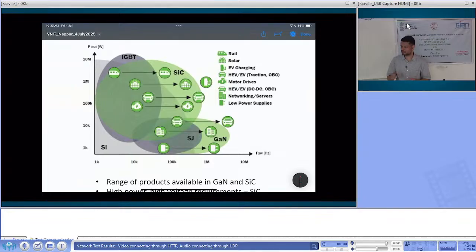Why you cannot do that, I don't have that answer now, but you can look at it. It's more of a device physics problem for people who are developing those devices, but as a power electronics engineer, what we understand is GaN is not available for very high voltages, but silicon carbide is. So whenever we talk about medium voltage power electronics, silicon carbide is what comes to mind.